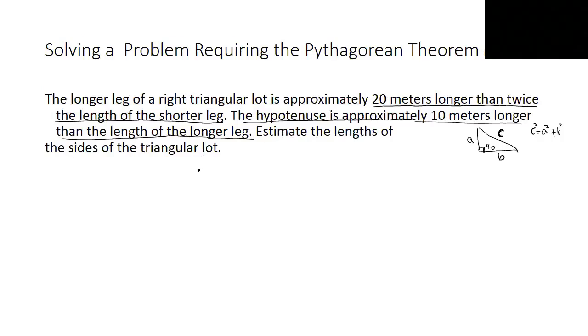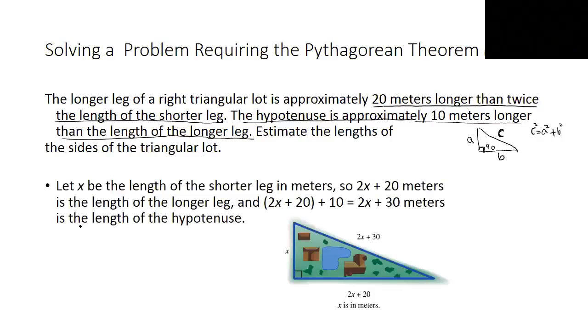So let's picture this. Let's assume this side is x. The hypotenuse is 30 more than twice x, so it would be 2x plus 30. And the other side is 20 more than twice x, so it would be 2x plus 20. So these would be my three sides in terms of x.